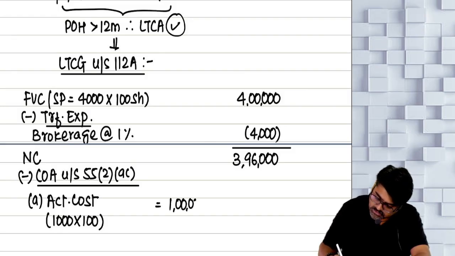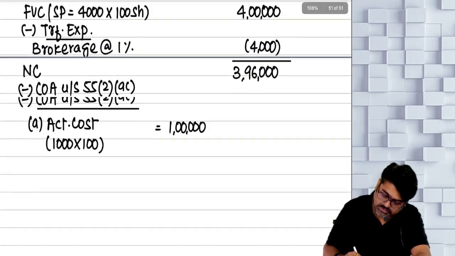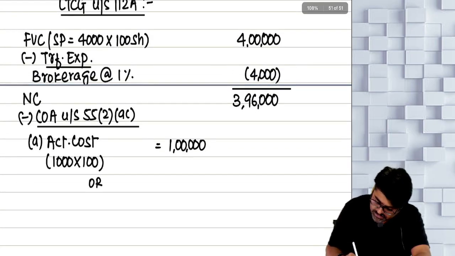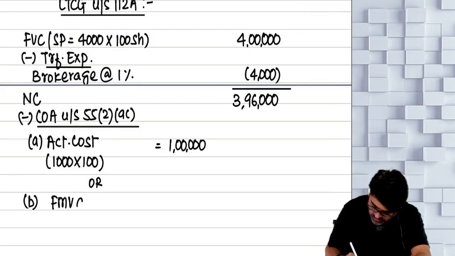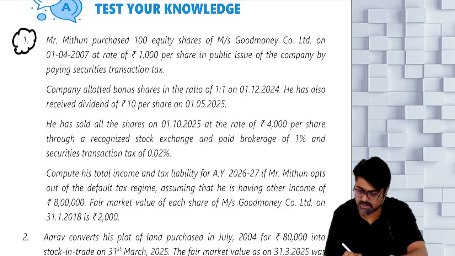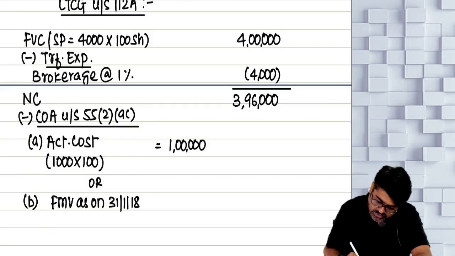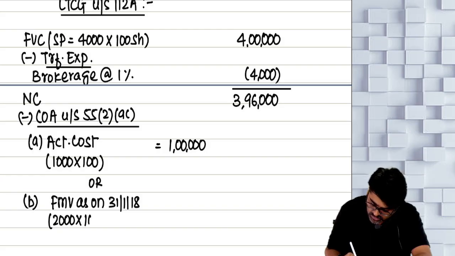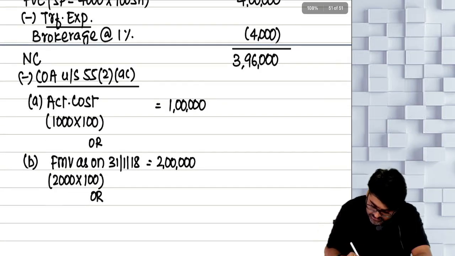So what was the actual cost, sir? 1 lakh. This actual cost can be taken as cost of acquisition, or you can take B, fair market value as on 31st January 2018. Fair market value given in the question. How much? 2000. In the last line you can see 2000 into 100 will be 2 lakhs. And 2 lakhs cannot be more than selling price.